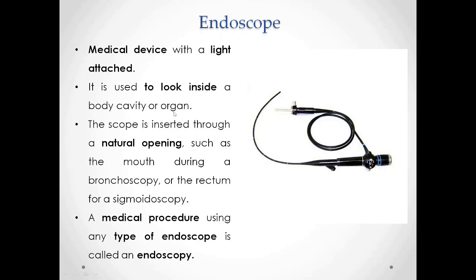To know what is happening inside, we need an instrument like this. This instrument is inserted through a natural opening like your mouth or through the rectum. When you do a medical procedure with any one type of endoscope, that procedure is called endoscopy. Hope you are all clear what is an endoscope and what is termed as endoscopy.